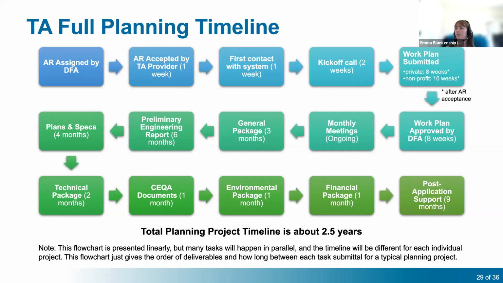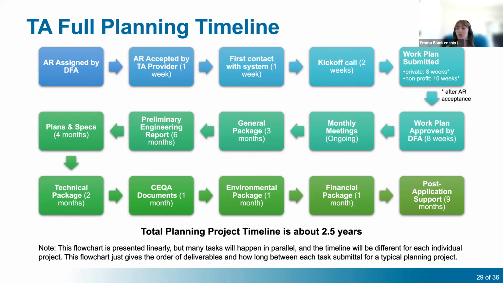The work plan should be submitted for private TA providers within 8 weeks of accepting that AR, and for nonprofit TA providers, the work plan should be submitted within 10 weeks of accepting that AR. DFA approval of the work plan is going to take 8 weeks, and you should be holding monthly meetings throughout the course of the project.